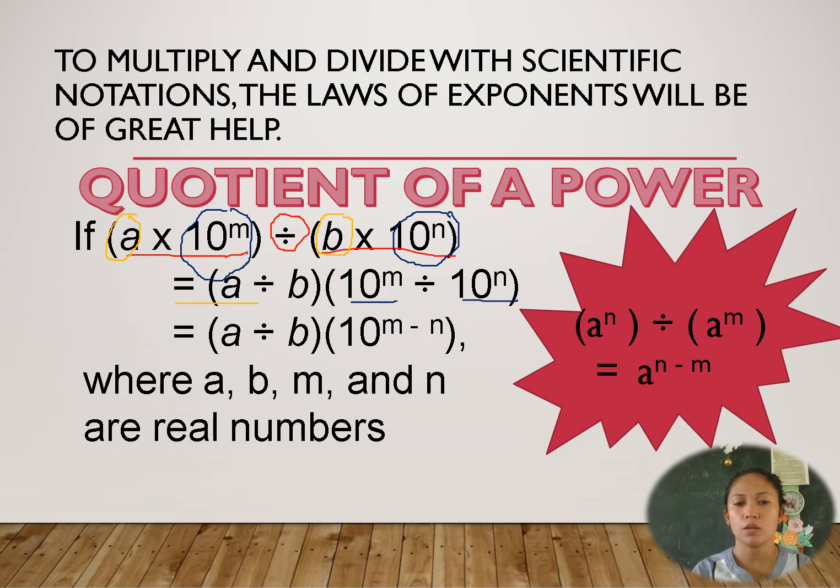So we will subtract its exponents. So that is m minus n. We subtract the exponents when dividing numbers with the same bases. And take note, a, b, m, and n are real numbers.